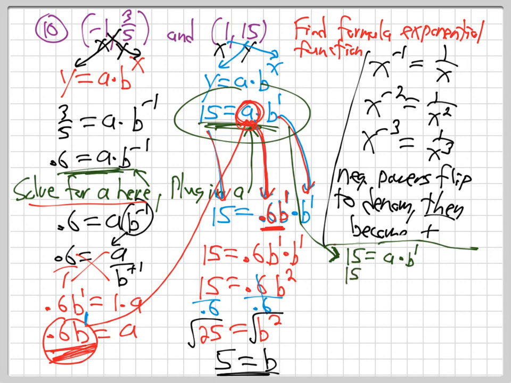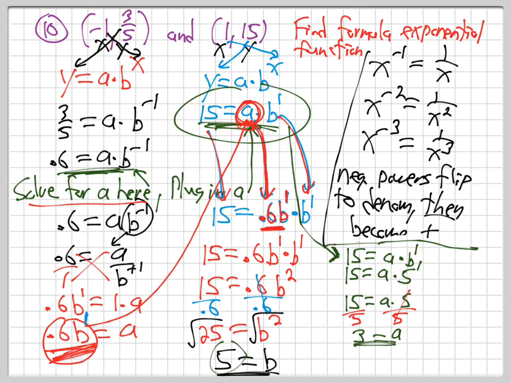So 15 equals a times b. b is 5. 5 to the 1, or just 5. How do you solve that equation for a? 5 to the 1 is just 5. Just divide both sides by 5, right? Boom. We got a. A is 3.